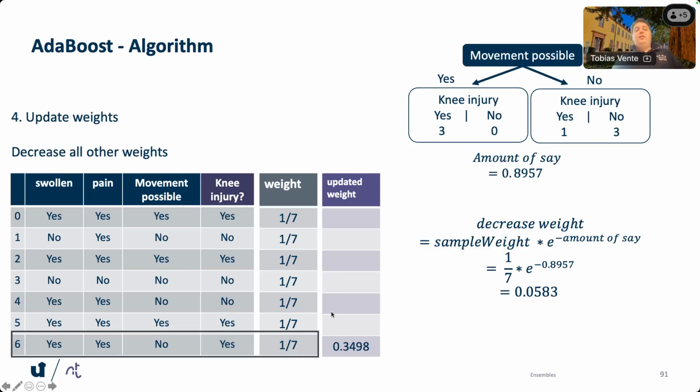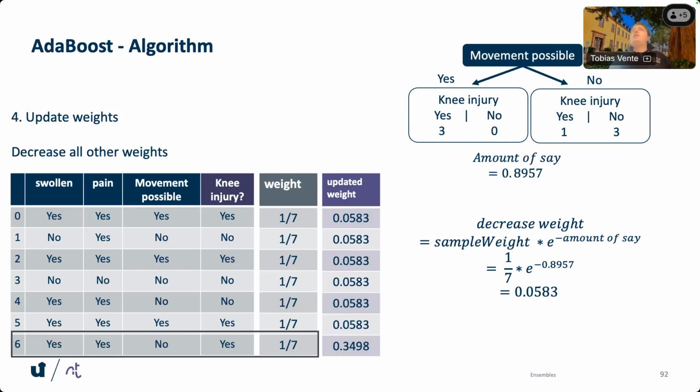This is now true for all the other weights. These specific numbers don't have to make sense. It's just the way to calculate the new weights. The author of AdaBoost thought that this is a very nice and easy formula, and therefore he ended up with it. There is no specific meaning. I can't tell you if 0.0583 has a specific context.